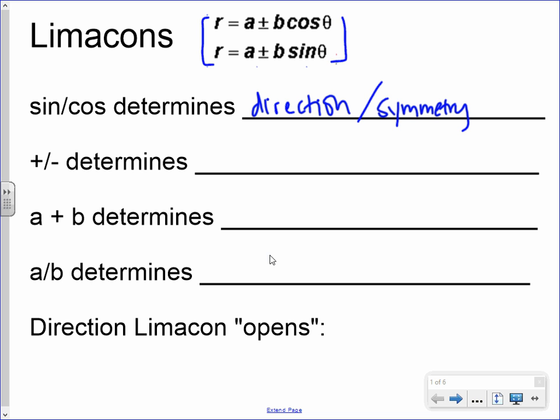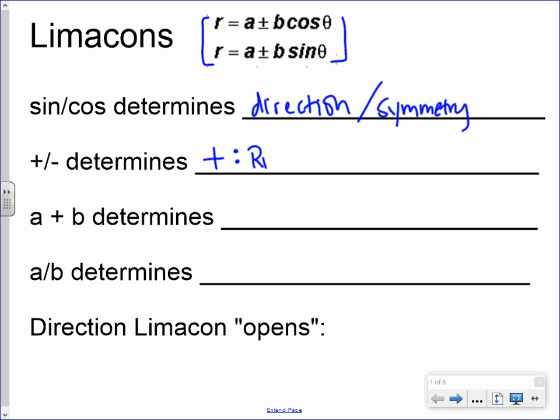Part 2. If we have addition versus subtraction, how does that affect our shape? Okay, so horizontally, is it going to be left or right? Vertically, is it going to be up or down? So if we have a positive, then it's going to be more positive, right?